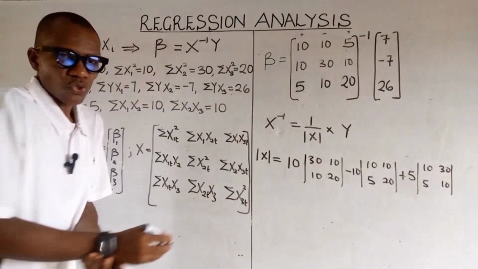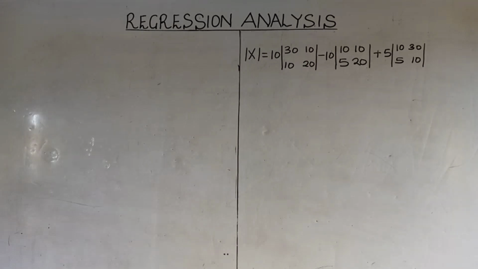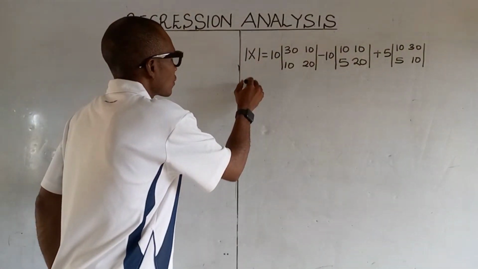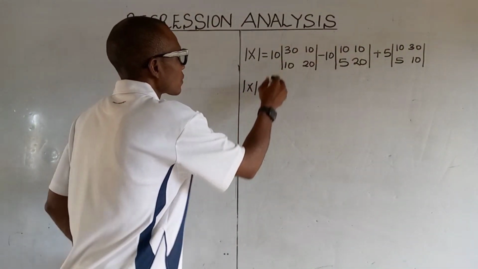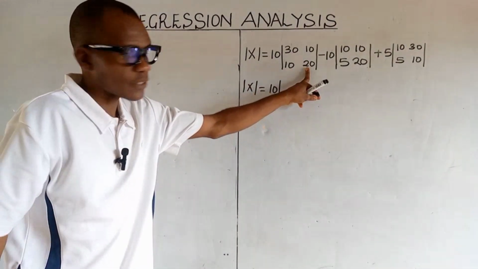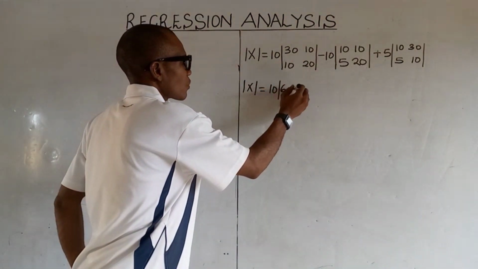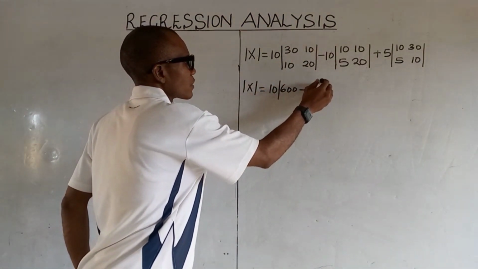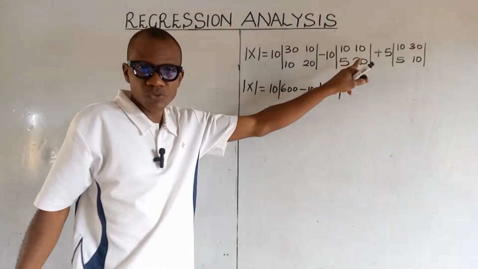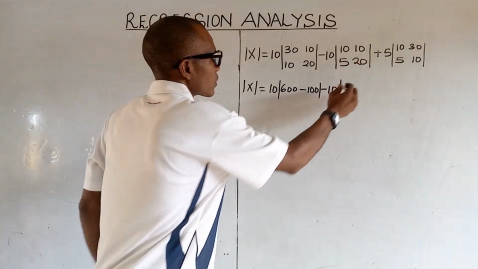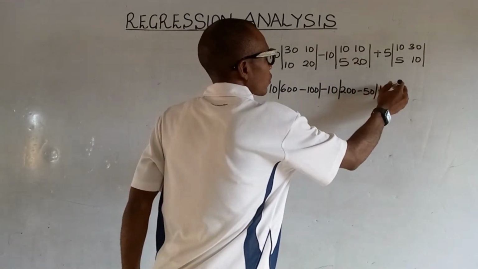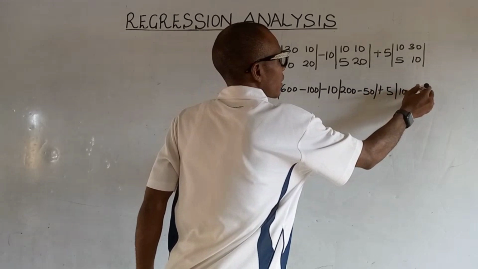The next thing to do is, alright, we still have this. Let's look for the determinant first. It means that x will be 10 times this, which will give us 600 minus 100. This is 10 times 20, which will give us 200, plus 5, 100 minus 150.